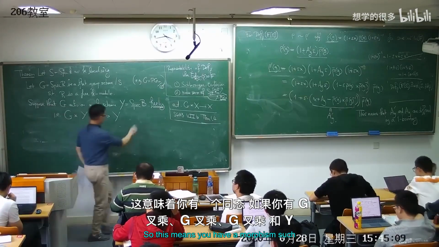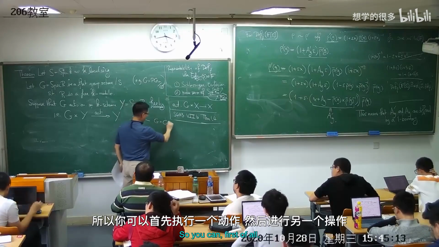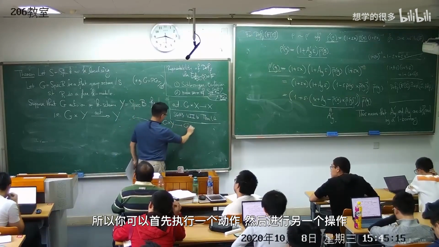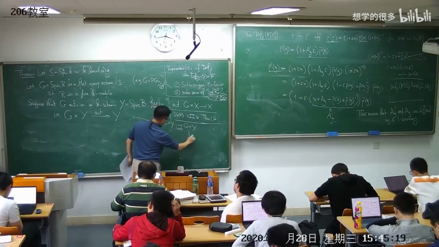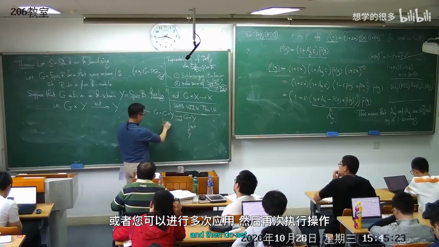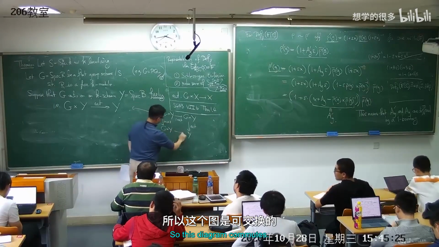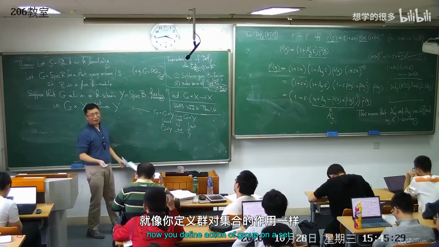This means that you have a morphism such that, if you have G cross Y, you can first do an action and then do another action, or you can do multiplication and then act. So this diagram commutes, right? Just like how you define the action of a group on a set.